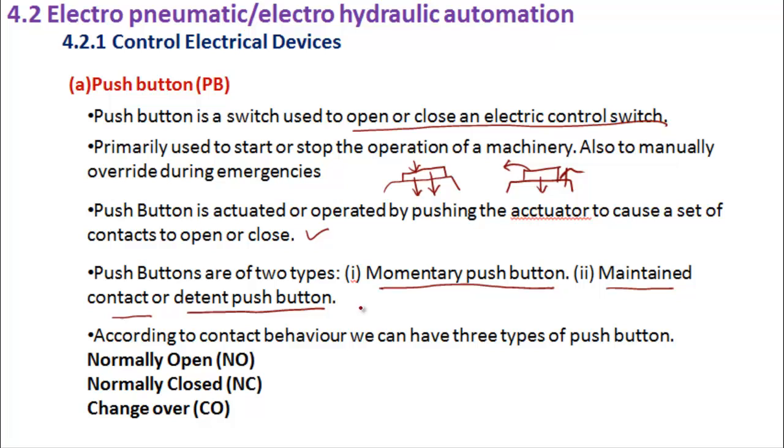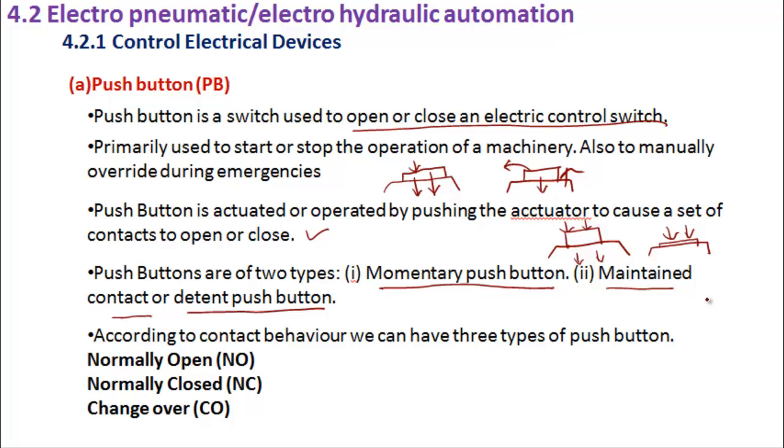Whereas a detent push button is something when you apply the pressure to push it down, this will be pushed down, and when you take off your hand, it will remain pushed down. That means it will be pressed down. Then the second time again you apply a pressure, and then it will come off.